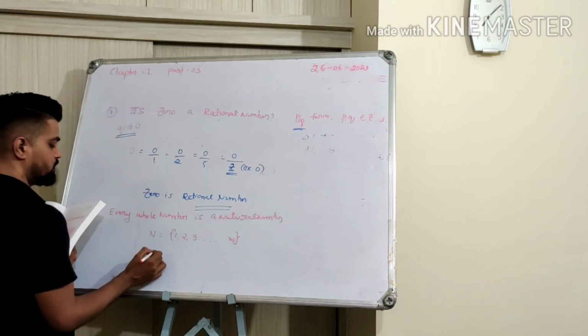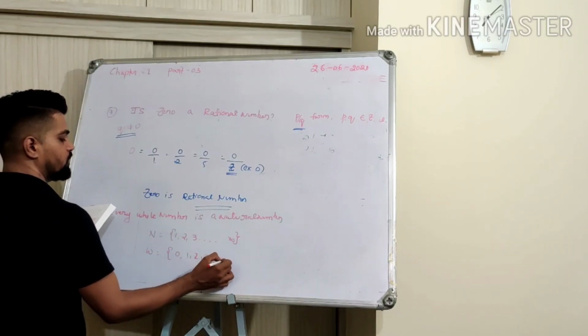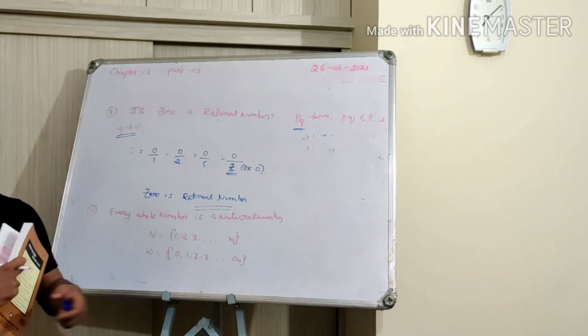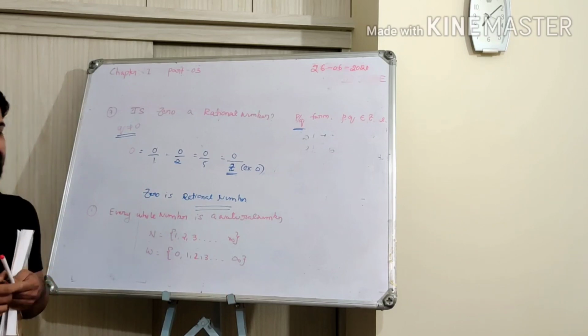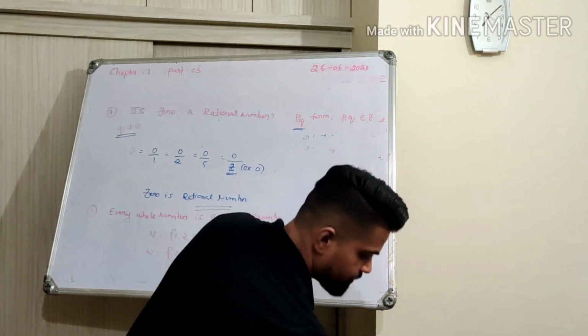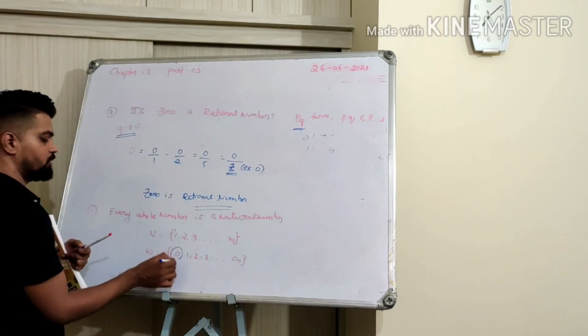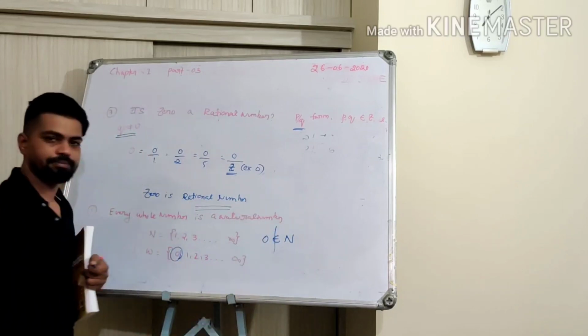What are whole numbers? Whole numbers have one extra number 0, 1, 2, 3 till infinity. Now compare these two and tell me, is it the right statement? What they're saying is every whole number is a natural number. That's wrong. Why? Which whole number is not a natural number? 0.